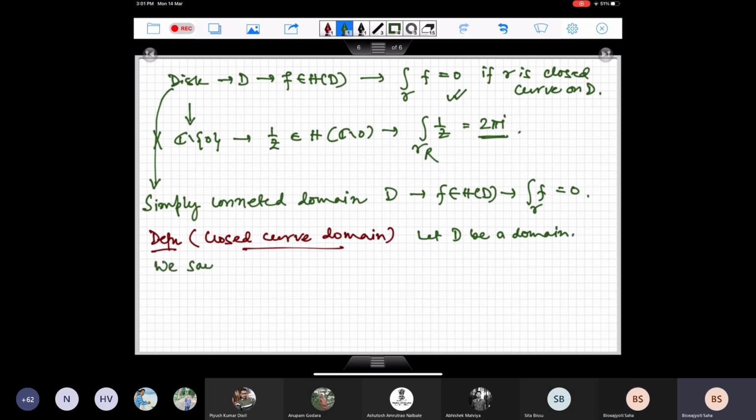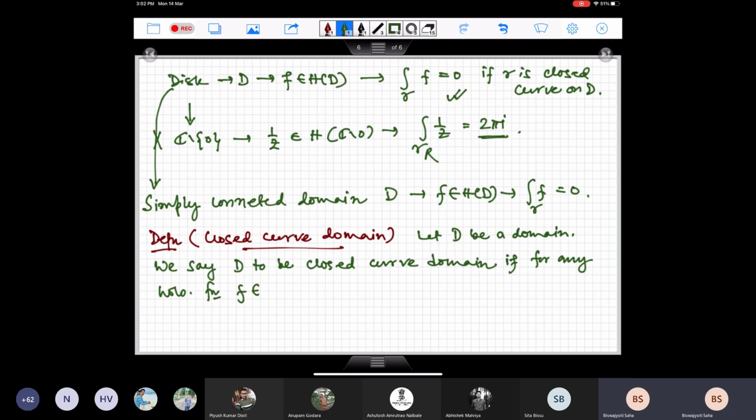We say D is a closed curve domain if for any holomorphic function f in H of D and a smooth closed curve gamma on D, the integral of f over gamma is equal to 0.